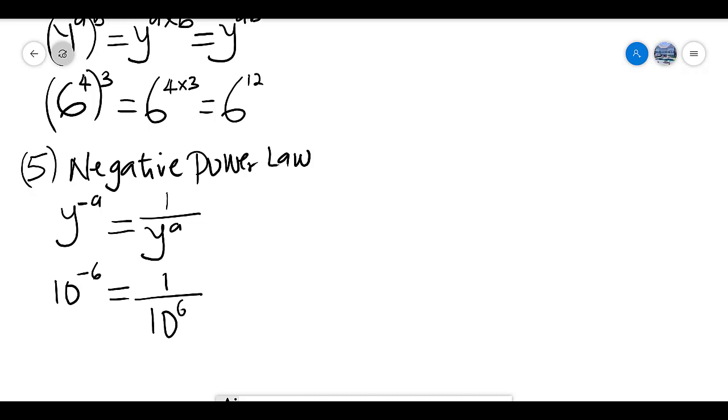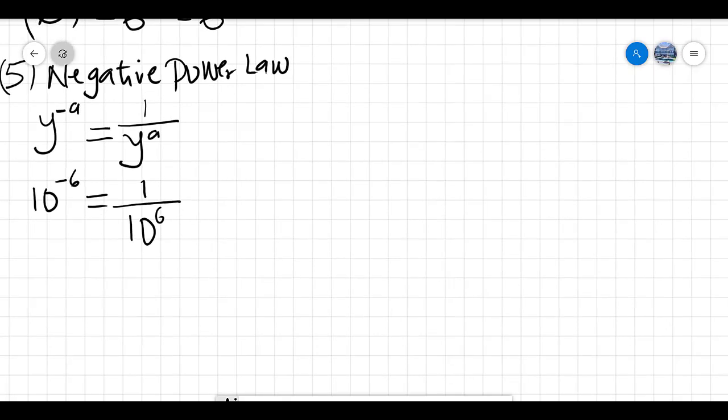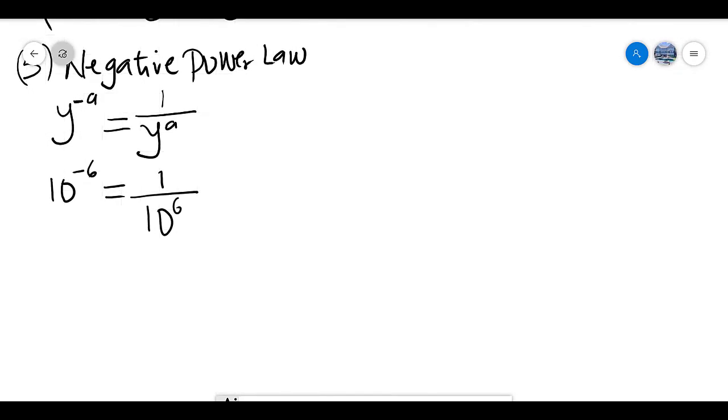Okay, all right. If that is clear enough, we will now look at the next law, and this is probably going to be the last. The next law is the fractional power law.